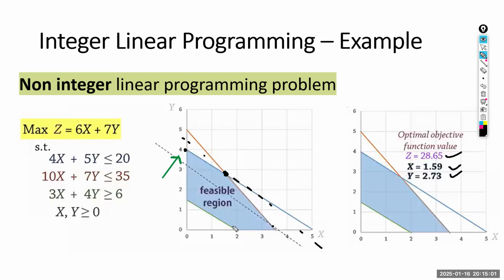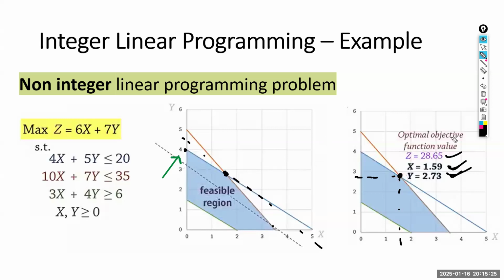Right. So then we assume that your x and y are any number. That is why we got decimal values. That means for the optimum z value, your x is 1.59, your y is 2.73. Now this is a non-integer or normal linear programming problem.